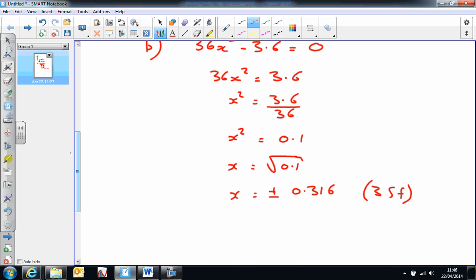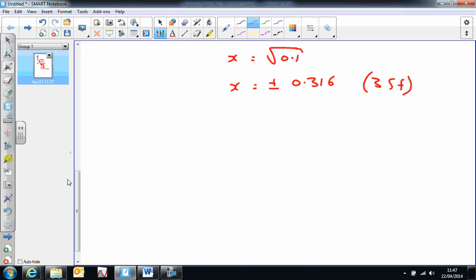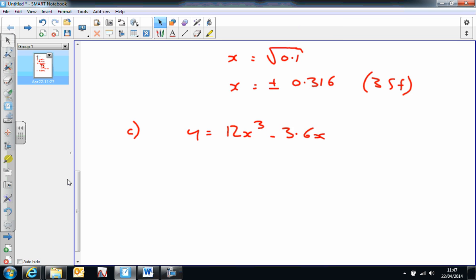Part C asks me to put the value of x back into the original function. We've actually got 2 values for x to put back in, so we're going to get 2 values for y. So, part C, go back to the original function, which was y equals 12x cubed minus 3.6x, and substitute in my values for x. In other words, I let x equal 0.316 in here and in here, and calculate the value for y.